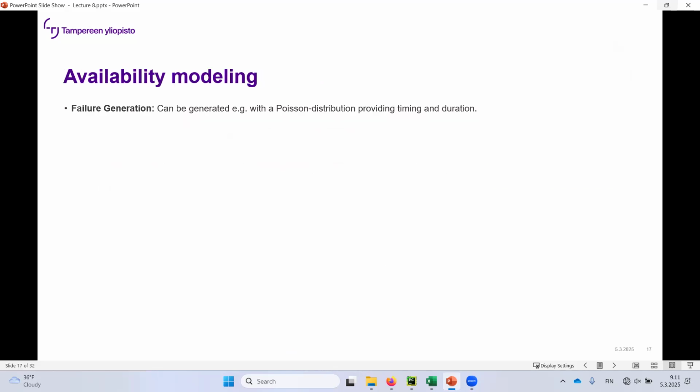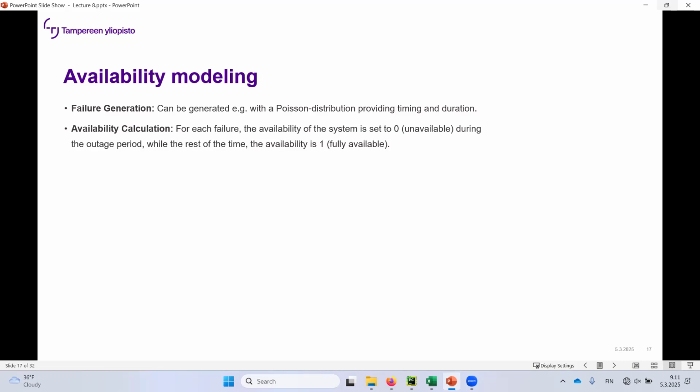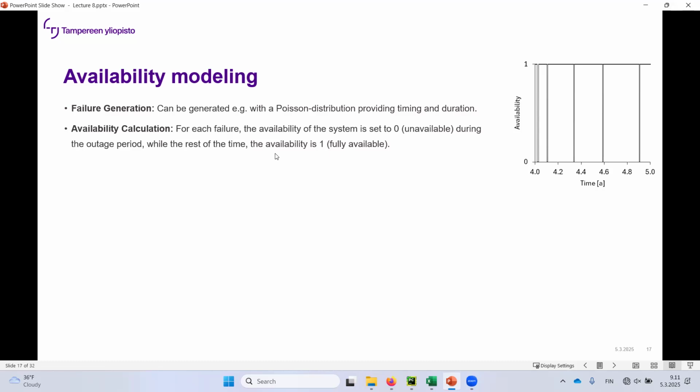This availability modeling can be as simple as using, for example, this Poisson distribution. So you can say that for each failure, the availability of the system is set to 0, unavailable, and the rest of the time it's available. It doesn't have to be utilized, but it's available.